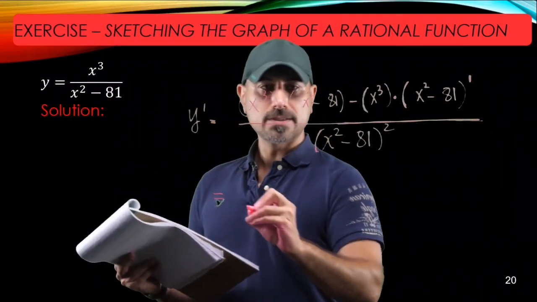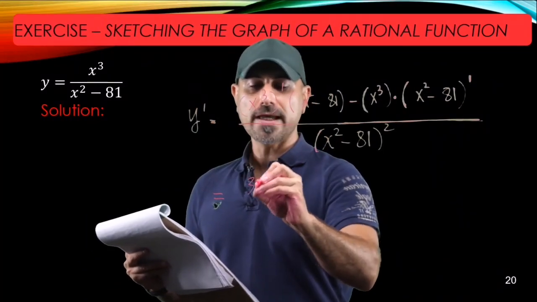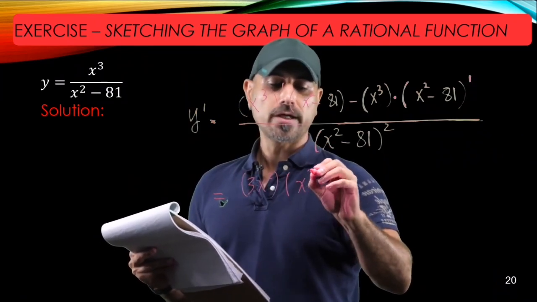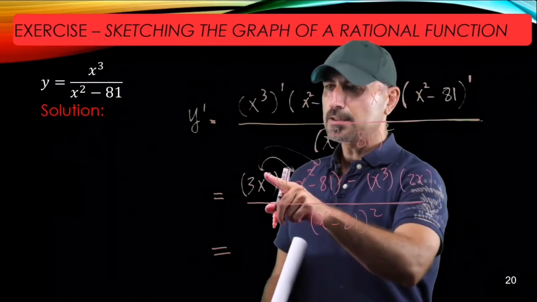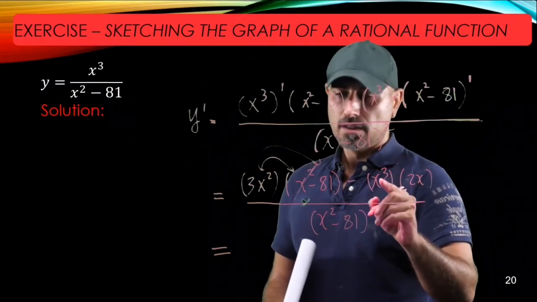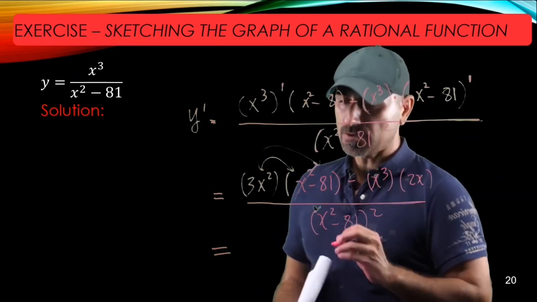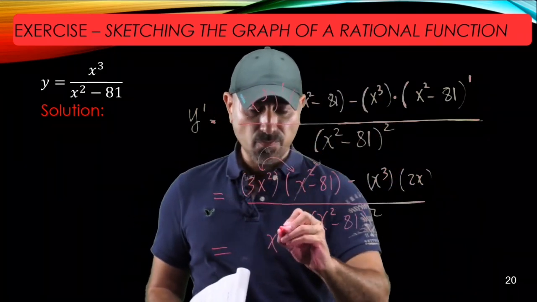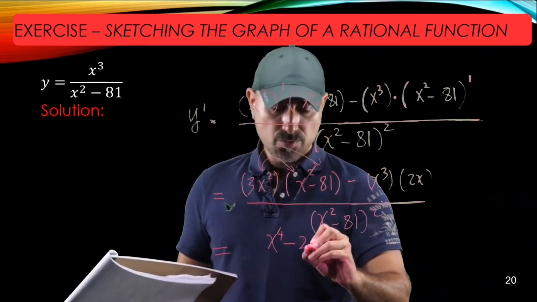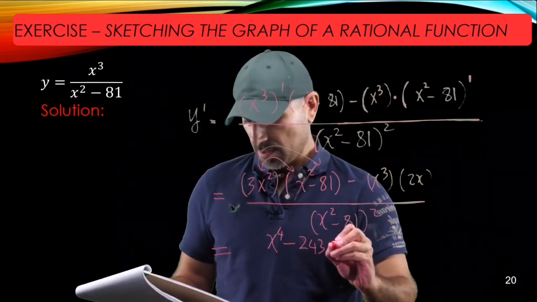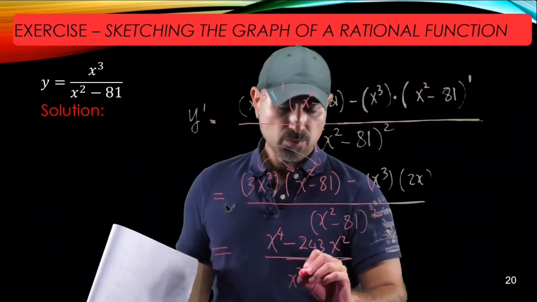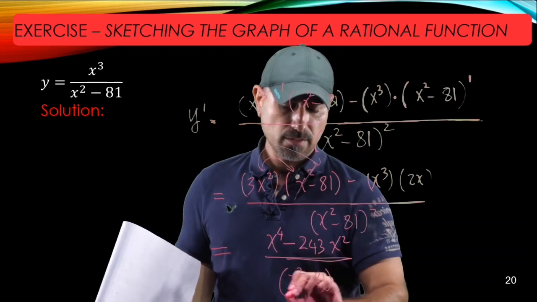So this turns out to be 3x squared times x squared minus 81. This term here, 3x squared times x squared, is going to cancel this term, but I have only 2 of that. So in turn, I have x to the 4th minus 243x squared, all divided by x squared minus 81 squared.